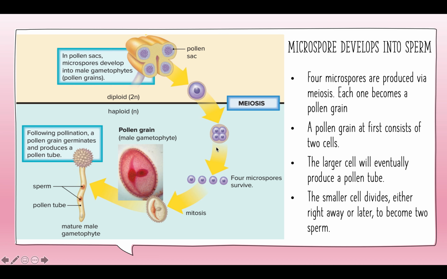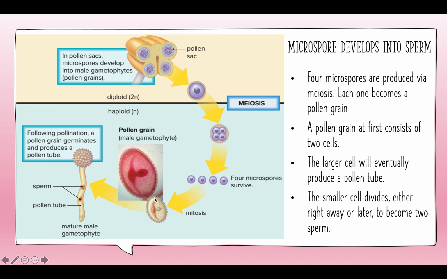So first, a microspore parent cell, as you can find here, divides via meiosis and ends up with 4 microspores. Each of these 4 microspores eventually becomes a pollen grain. This is a pollen grain.